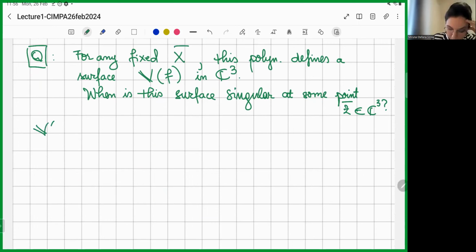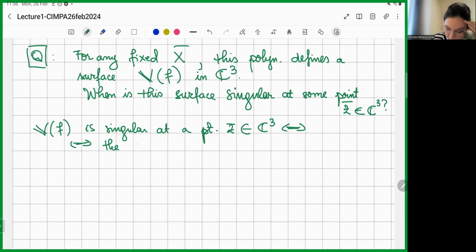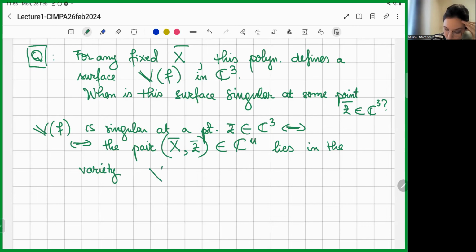So the variety given by f is singular at a point z in C^3 if and only if the pair (x, z), with x having 8 entries and z belonging to C^3, lies in the variety given by this ideal.